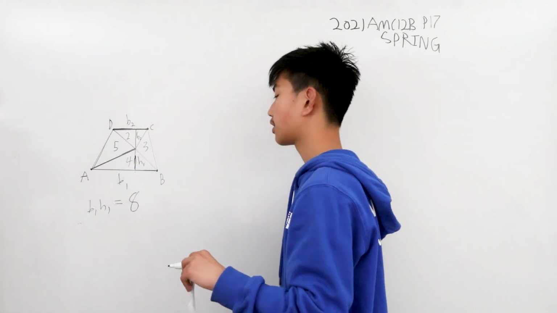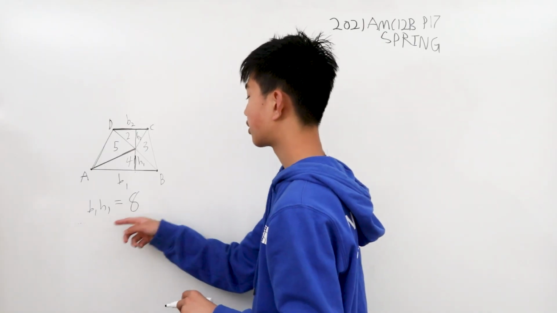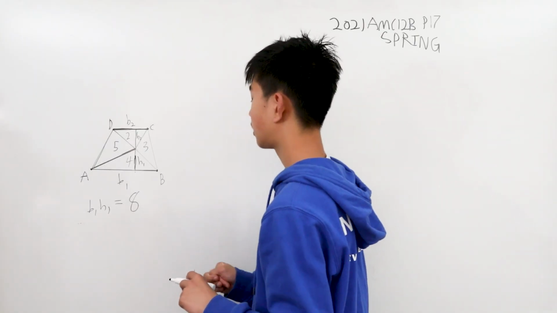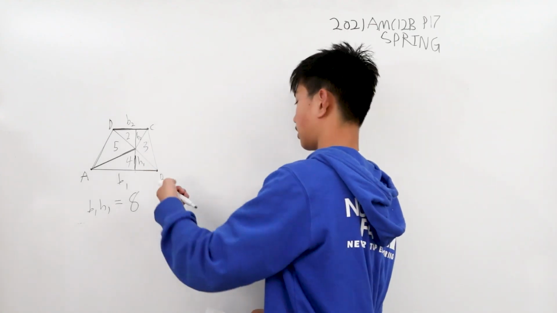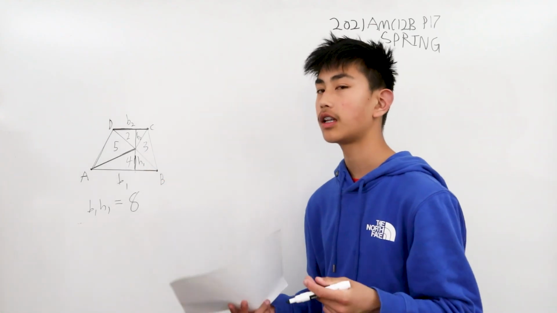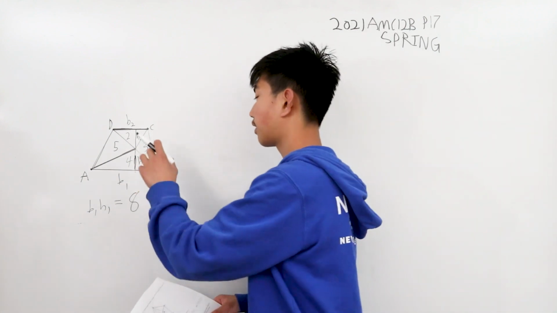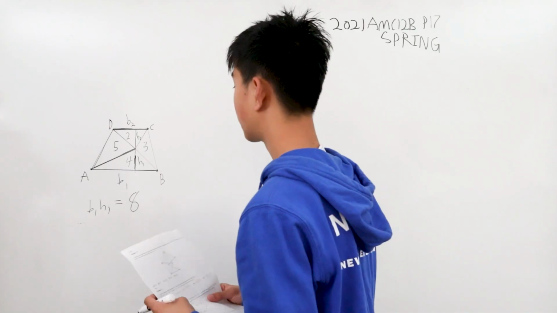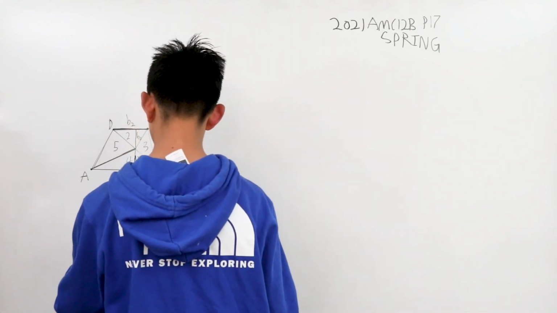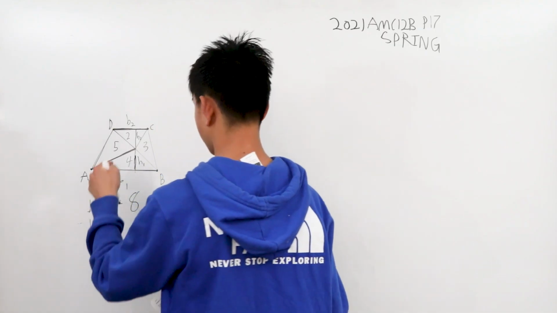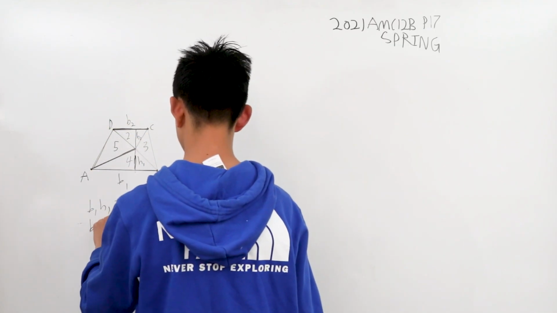We want a concrete number and not a fraction equal to a number. So B2 times H2 is equal to 2 times 2, which is 4.